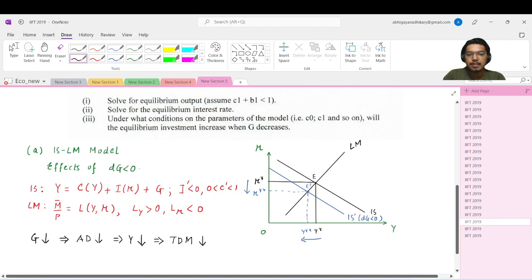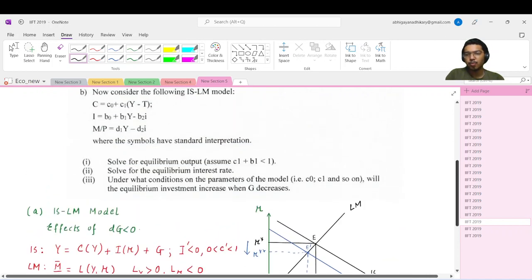So to balance that, a fall in transaction demand for money implies the speculative demand for money should rise, and that implies R should fall because of the negative interest rate sensitivity. And that is exactly what you can see: a fall in G encompassing a fall in Y and a fall in R. So this is the reasoning.